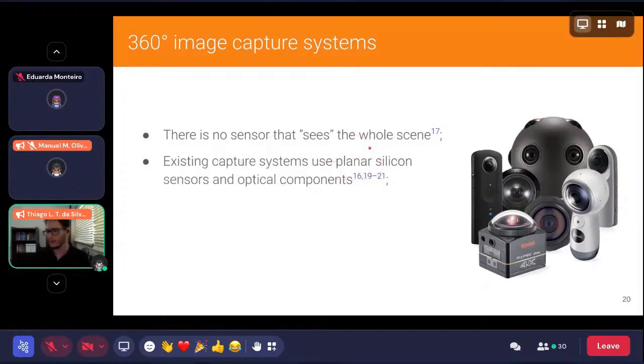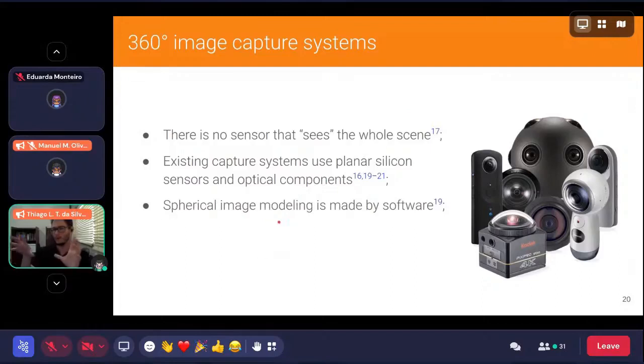We use regular planar silicon sensors, from regular cameras, and adopt optical solutions to project the all-around information to that sensor or some sensors, not only one. What are these optical components? Mainly lenses and mirrors. We can use both or some of them in different cases.